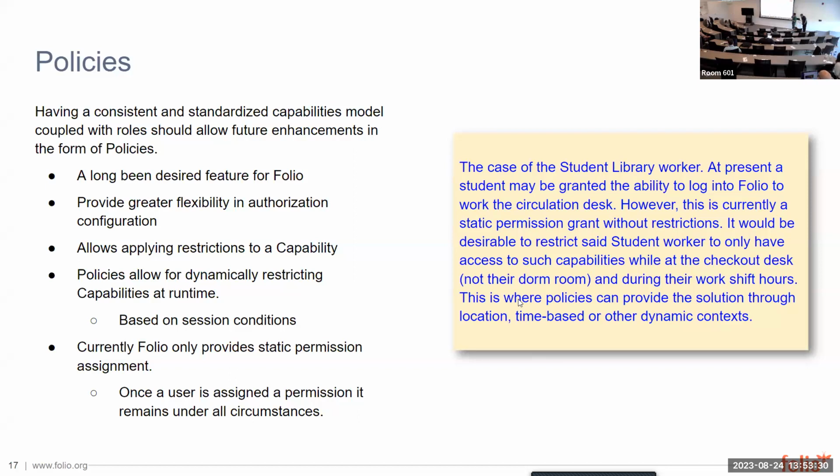If you're able to introduce time-based policies, for instance, or maybe other types of policies, you would be able to restrict them to say, okay, you can only do circulation during normal business hours or during your shift on the particular days that you're working. That would prevent them from going back to their dorm room or, on a Saturday, renewing their friends' books or whatever, getting in and messing in the system. So it's something that today's system can't do, and it can be very powerful.